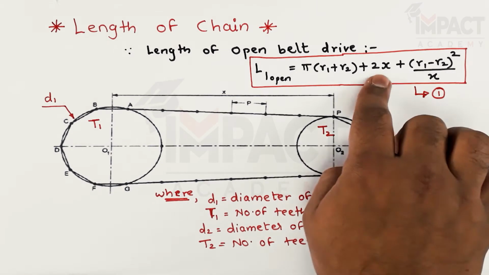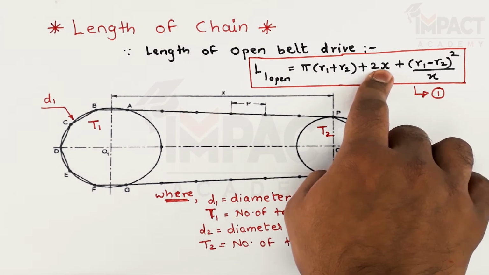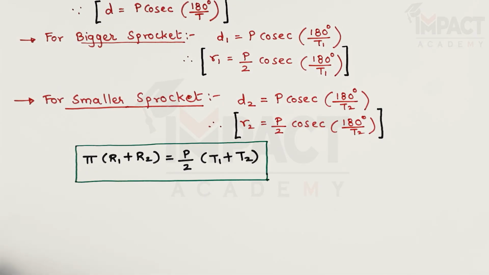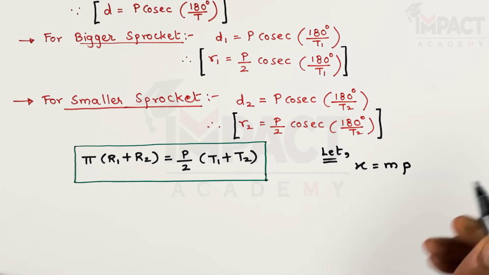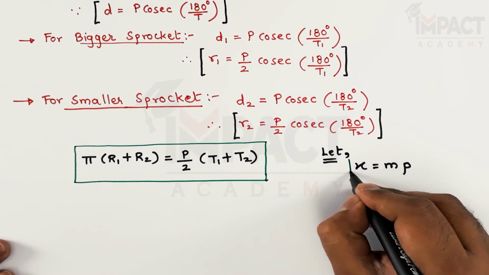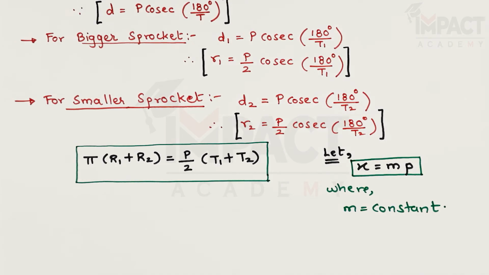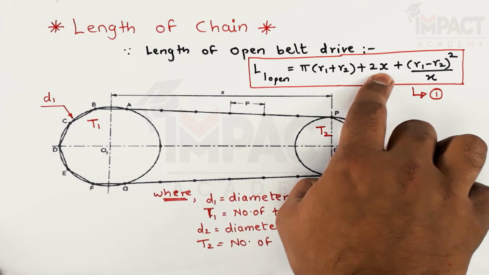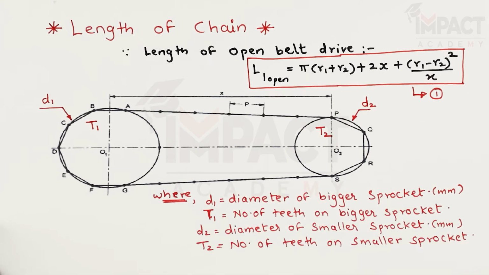Apart from that, the center distance between the two sprockets, x, I would be replacing with another term, that is, let x be equal to m into p, where p is the pitch, x is the center distance and m is a constant. Now I'll be replacing all the terms in equation 1, that is pi (r1 + r2), x, and (r1 − r2) whole square divided by x, with the values which I have got.